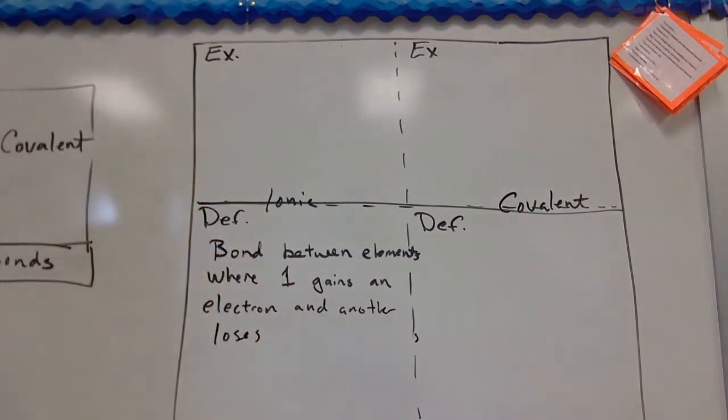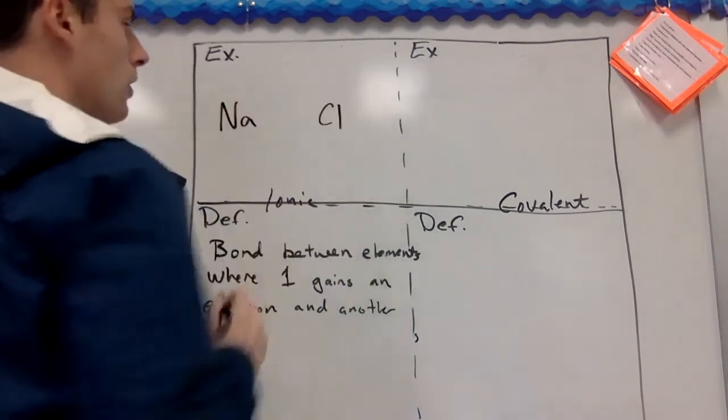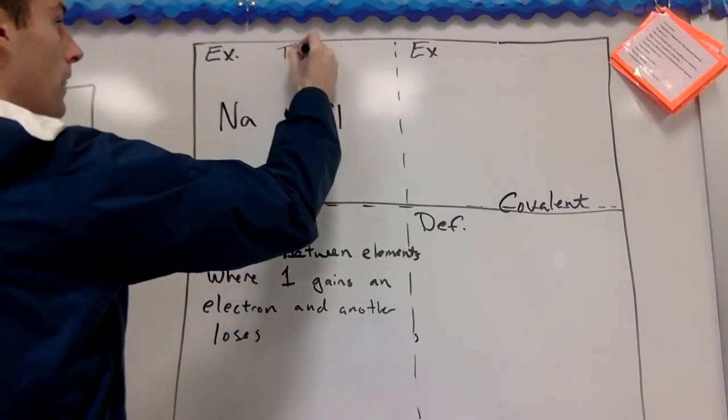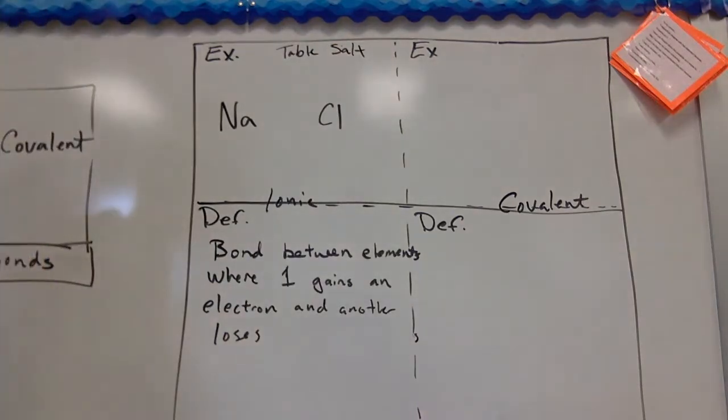So bond between elements where one gains an electron and another one loses it, okay? Now, a good example, we have talked about these elements a lot. You should already know this. NaCl, what is that? That's right, my friends, that is table salt.